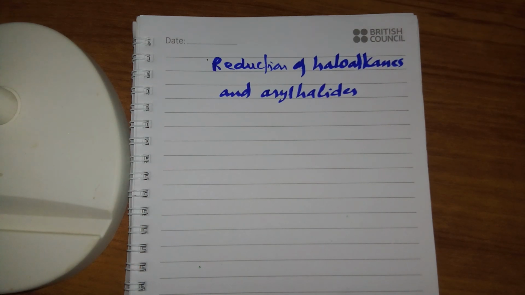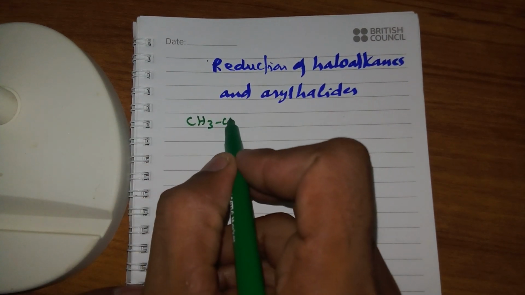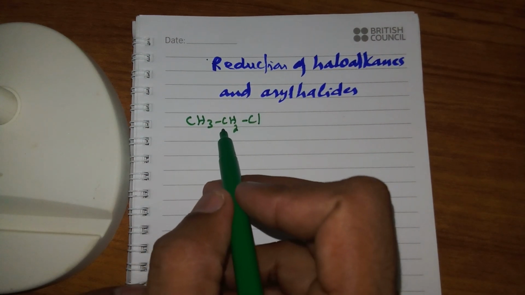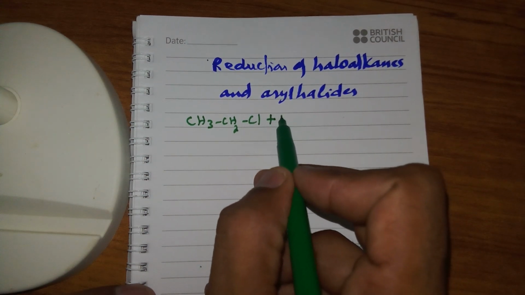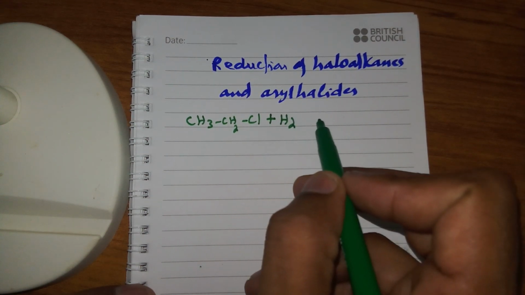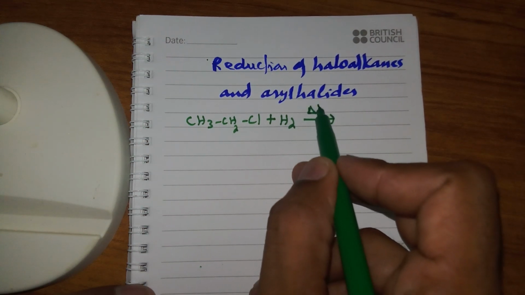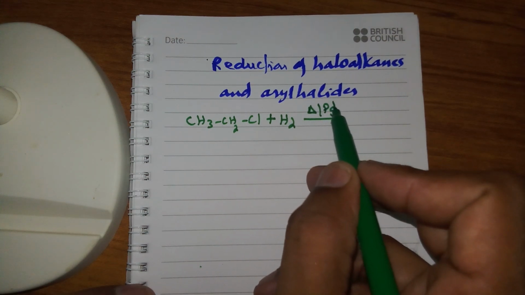Now let's discuss this molecule, CH3CH2Cl. This is ethyl chloride. Now this ethyl chloride, in the presence of hydrogen gas, we have to heat this in the presence of palladium.